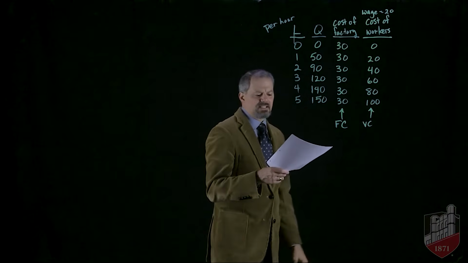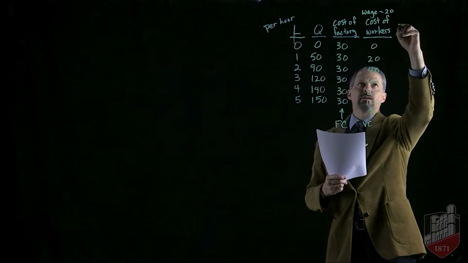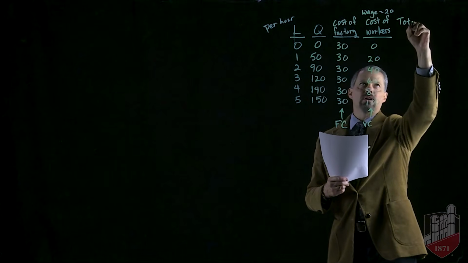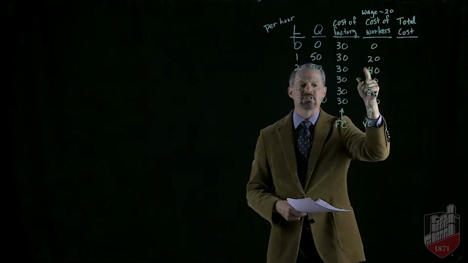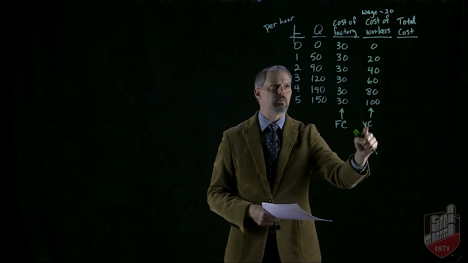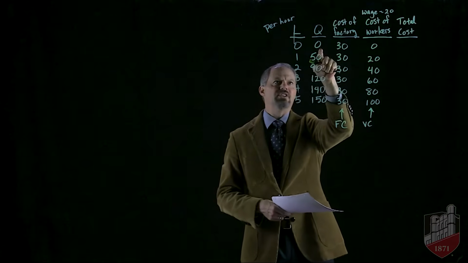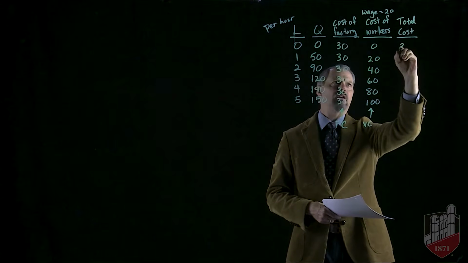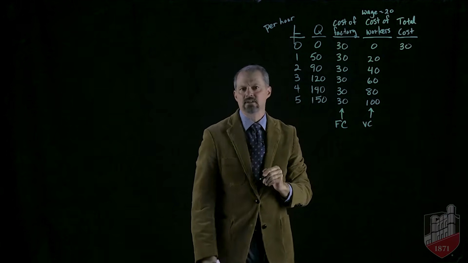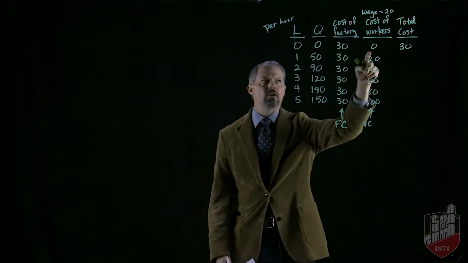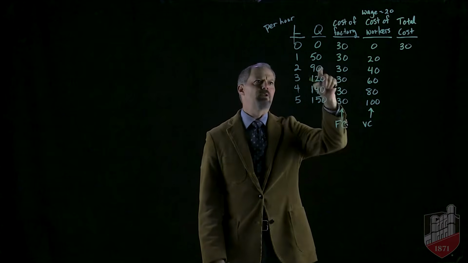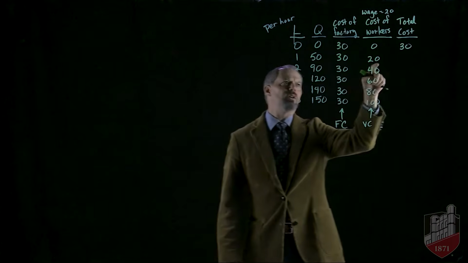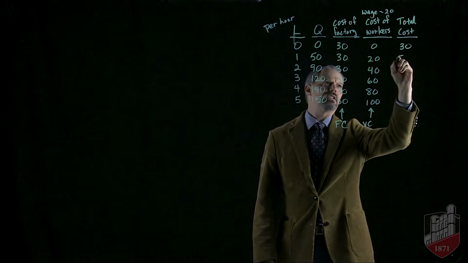So now let's think about our total cost. So I'm just going to call it total cost. And it is just fixed cost plus variable cost. So if we're producing no units of output, our total cost is $30. We don't have any worker cost, but we still got that rent that's got to be paid. If we're producing 50 units of output, our total cost of production is $50.